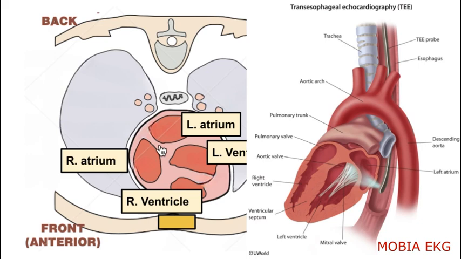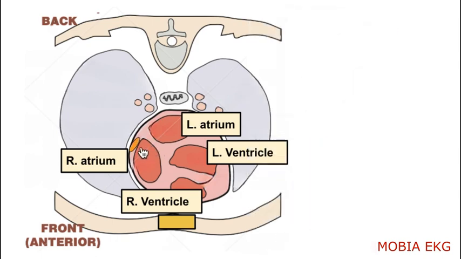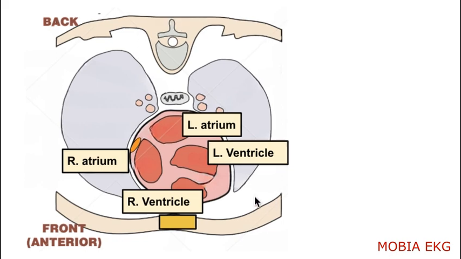Long story short, let's go back to our conversation. The SA node is located in the upper part of the right atrium. The SA node generates an electrical impulse and discharges it directly to the right atrium.